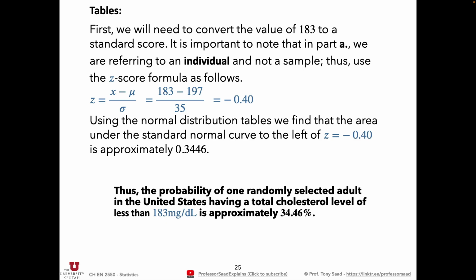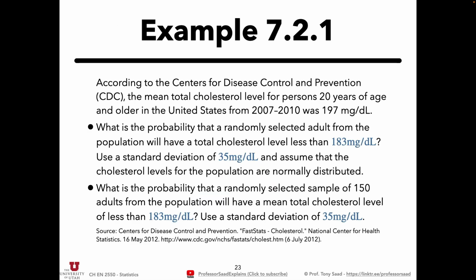Now the next question is, what is the probability that a randomly selected sample of 150 adults from the population will have a mean cholesterol level less than 183 milligrams? This is the same question, but now we're asking it on a sample, not on an individual.